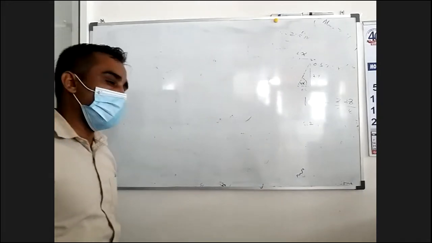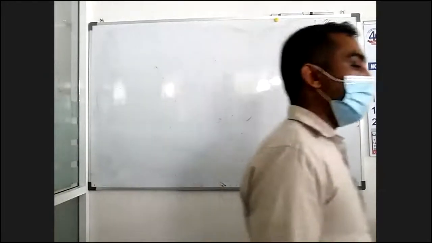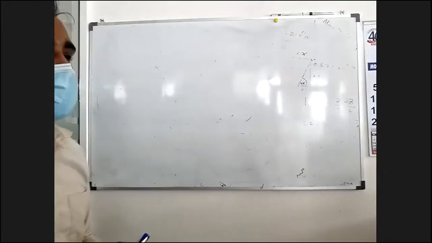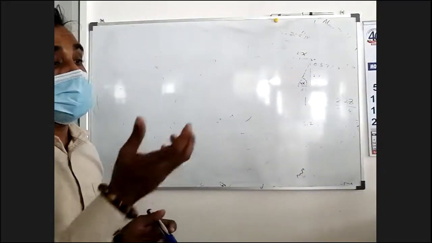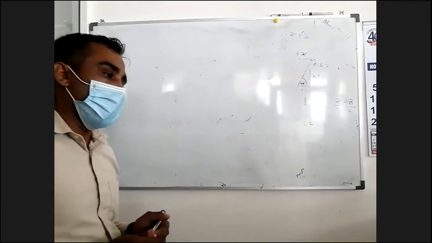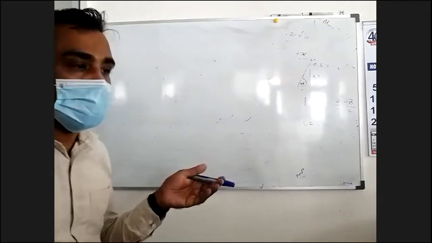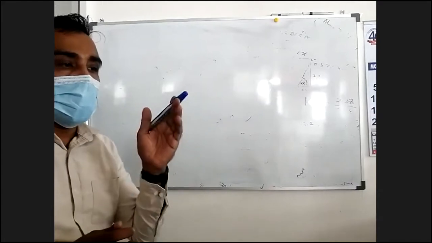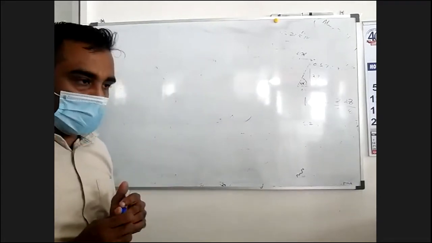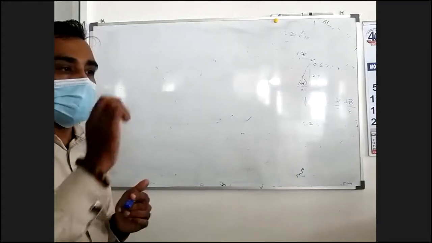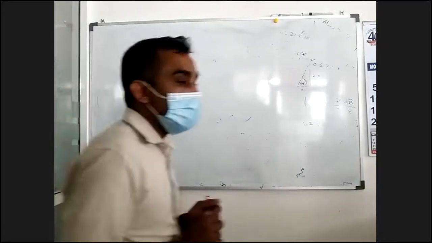So if we introduce a vector, we have to mention the amount of that vector, that is called a magnitude, and the particular direction. If the quantity only is there, that type of thing is called a scalar.